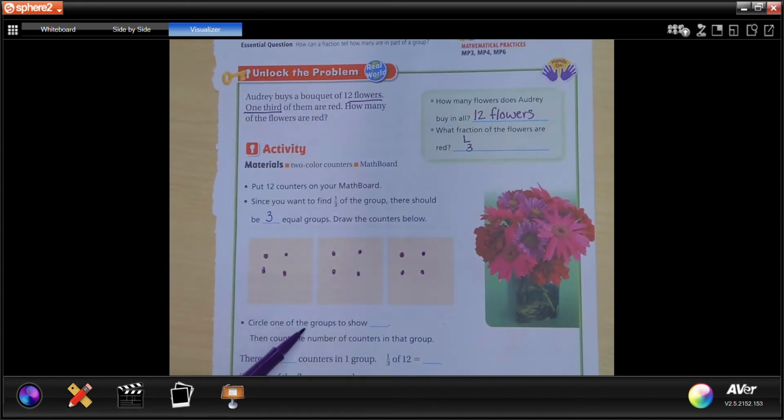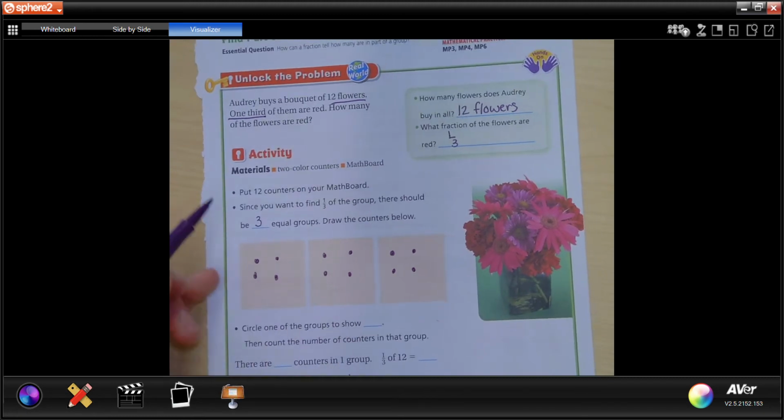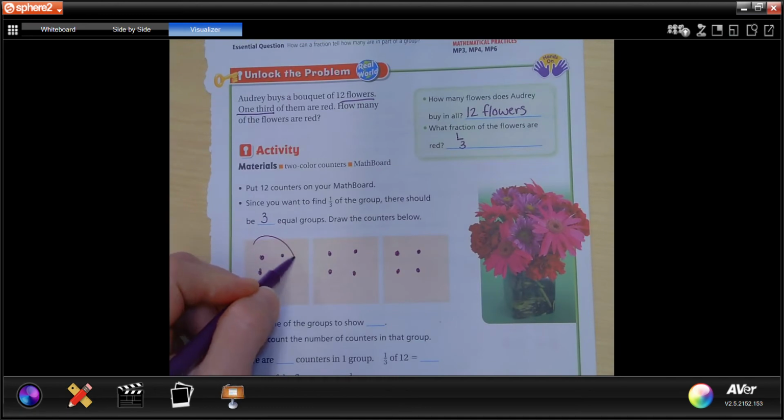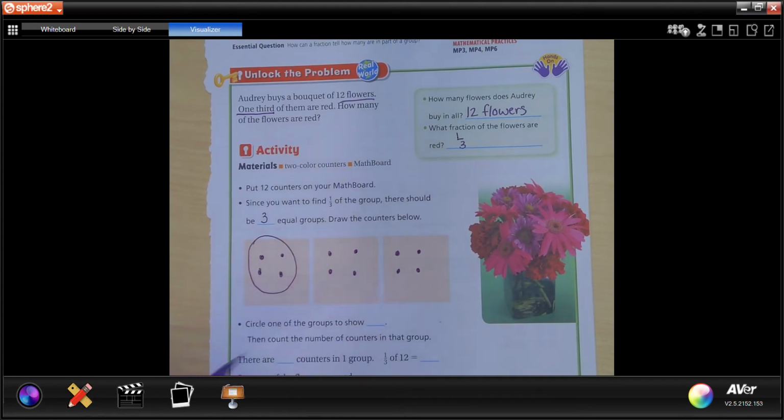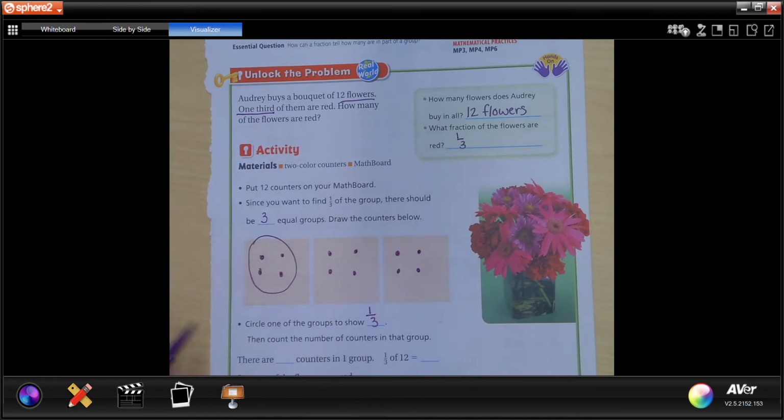Circle one of the groups to show 1/3. One group is 1/3 because it is 1 out of 3 total groups. Then count the number of counters in that group.